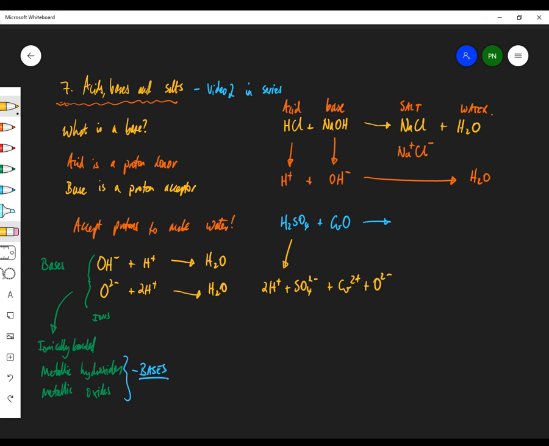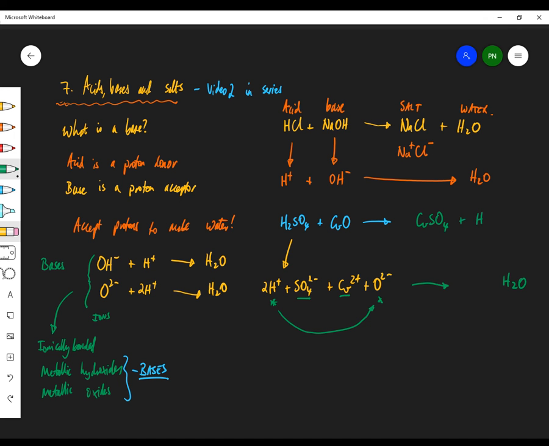The oxide ion is the base. The oxide ion will accept these 2 protons, so they come together and give us water. What's left? Copper ions and sulfate ions, and that gives us copper sulfate.